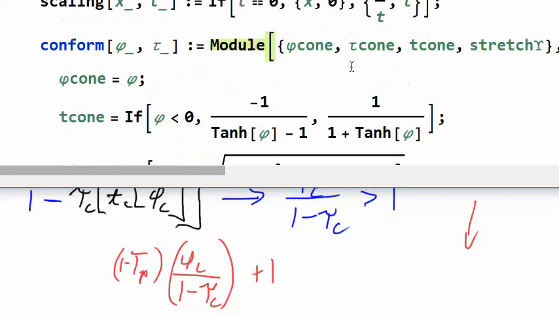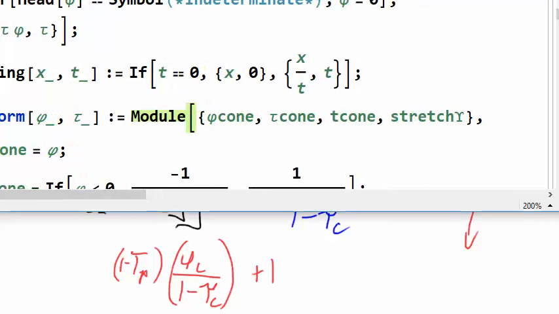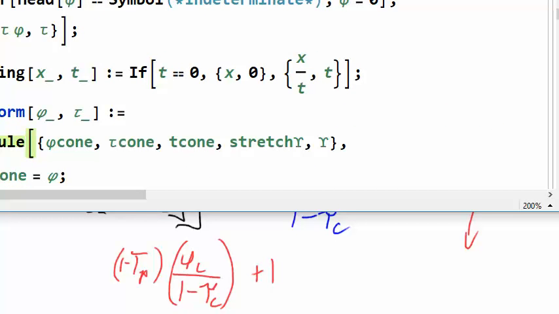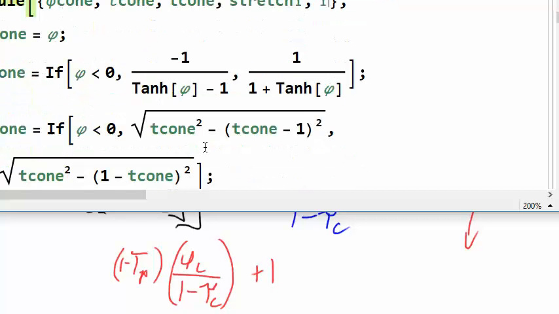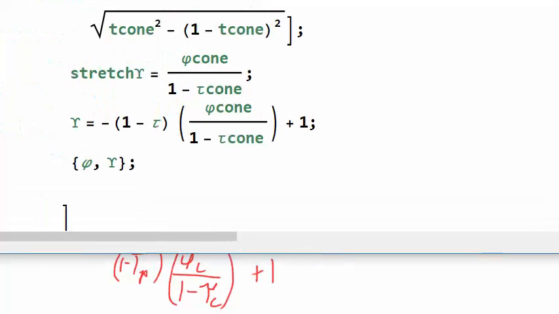Looks like I don't have conformaltau in there, so I need to add that to my list of variables in the module. Escape CU. Okay, that's our conform function. It takes in phi, tau and returns phi, conformaltau.